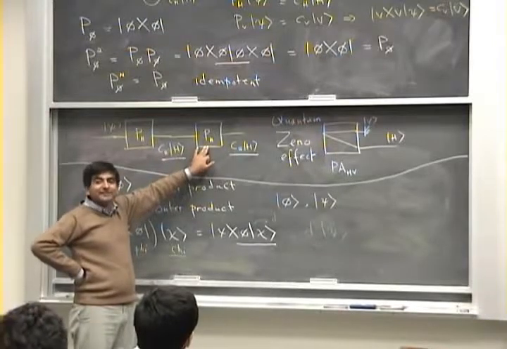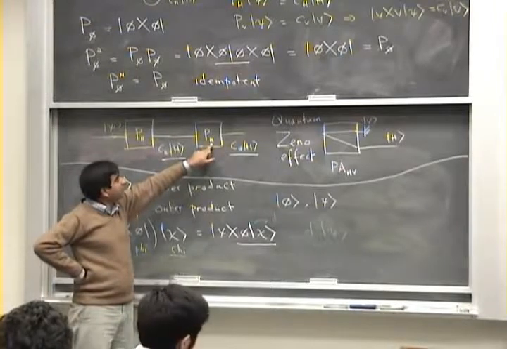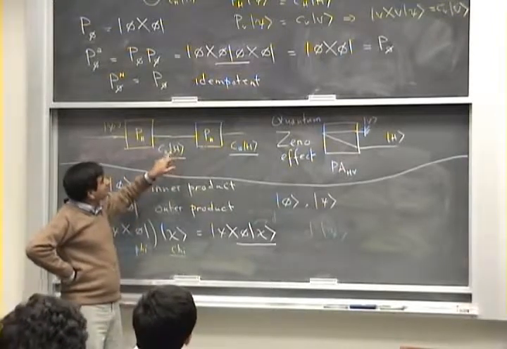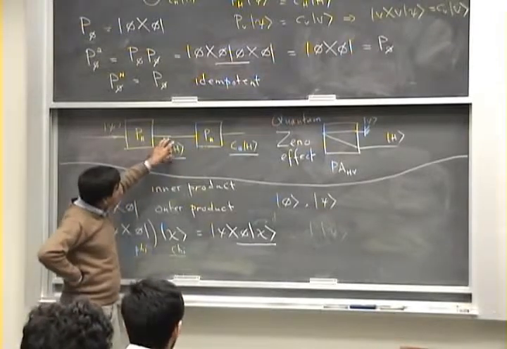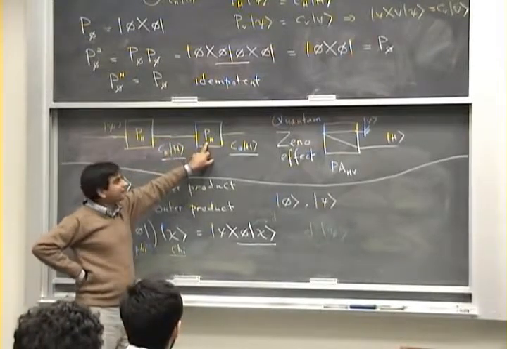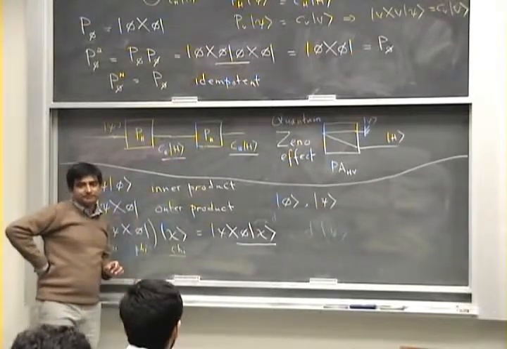If your measurement is along the state, which means this ket H, bra H is along ket H, so if this input is an eigenstate of this operator, the output will remain unchanged. Okay?